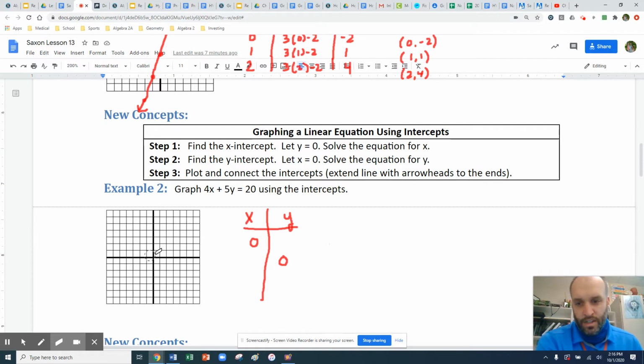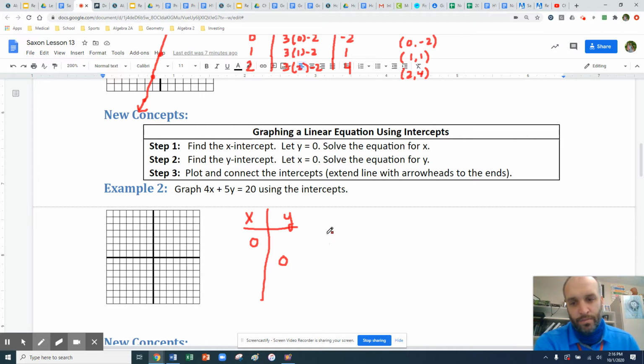And wherever it crosses the x-axis, the y-coordinate is going to be 0. So to find the x and y intercepts, we can use those clues: x is 0 when the line crosses the y-axis, and y is 0 when it crosses the x-axis.